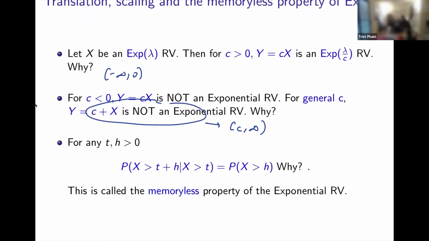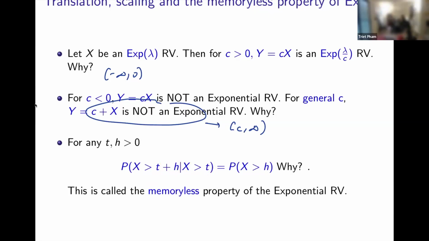So here it is, and it has to be stated like this. Basically, conditional on the fact that the event has not happened before time t, that's this part, what's the probability that the event will not happen for an additional h units of time?